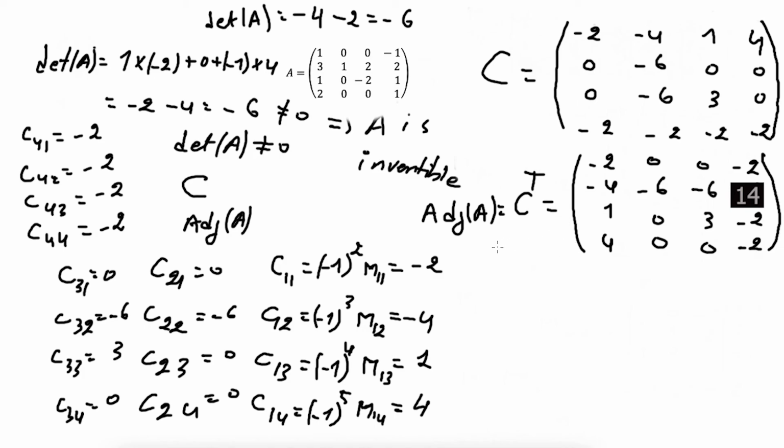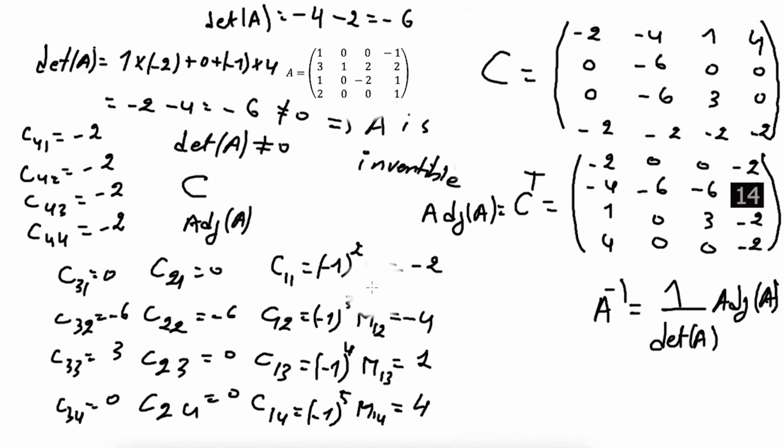So now we can compute the inverse matrix A minus 1, which is equal to 1 over determinant of A times the adjoint matrix of A. So we'll erase this space here because we don't need the cofactors as we have the adjoint matrix here.